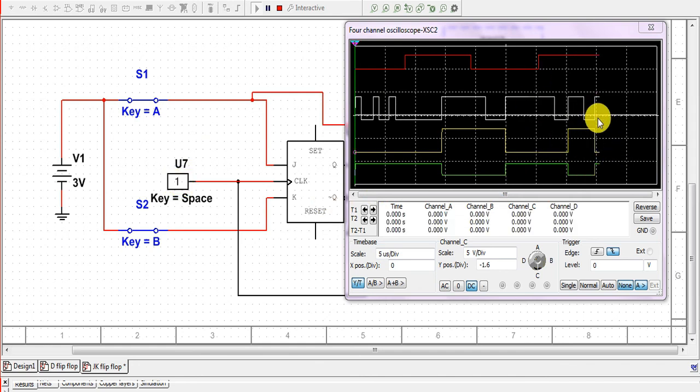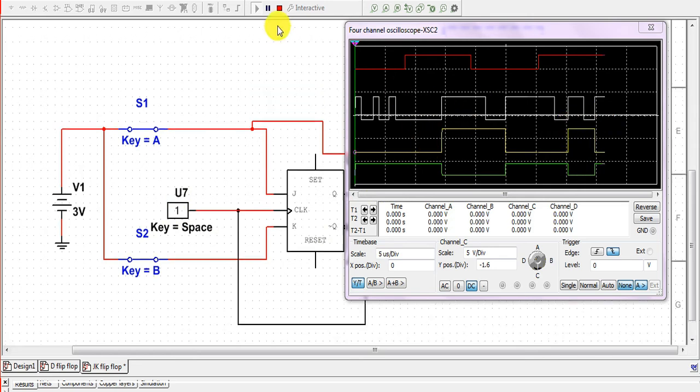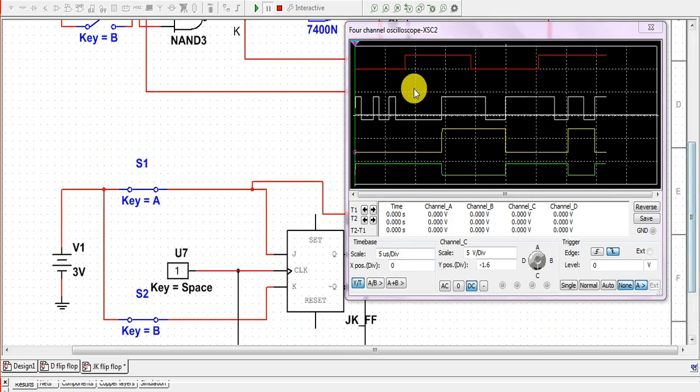And in this way we have got all the cases. For the pulse going from low to high, if we apply the signal from J, it will set the flip-flop to the set position. For the pulse going from low to high, if we apply the signal from K, it will set the flip-flop to the reset state.